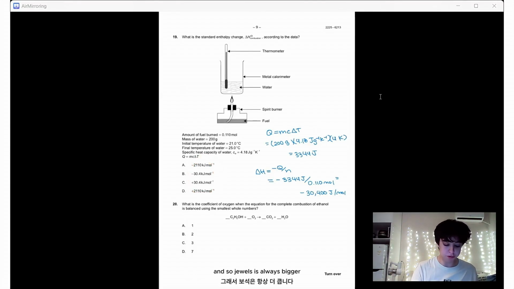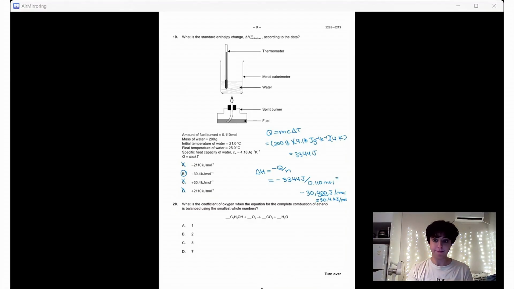And so joules is always bigger, so we just need to move our decimal point 3 places to the left. Okay, so that is equal to 30.4 kilojoules, and negative, don't forget the negative, kilojoules per mole. So negative 30.4 kilojoules per mole, which gets us to the answer being B for this question.